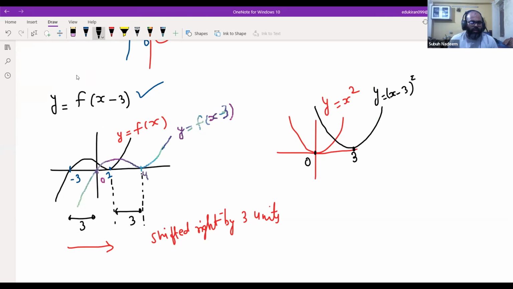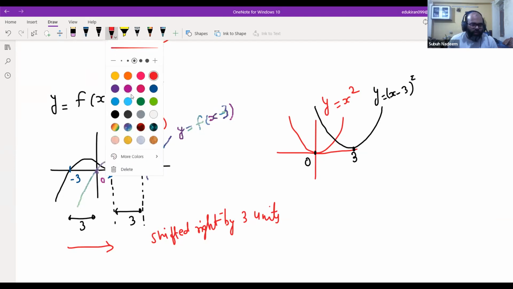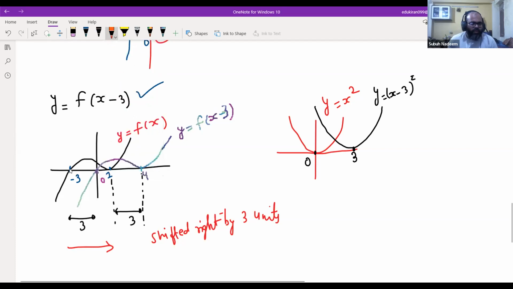Similarly, in the previous graph, it was intersecting at -3, and now it is intersecting at 0. Earlier it was touching at 1, now it is touching at 4. So the graph has shifted 3 units to the right side.